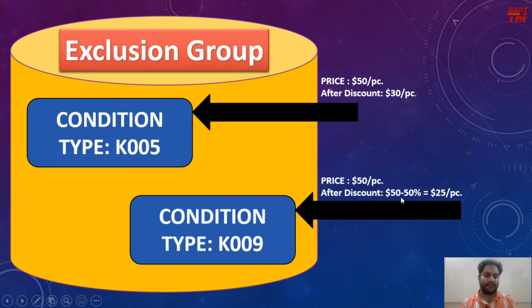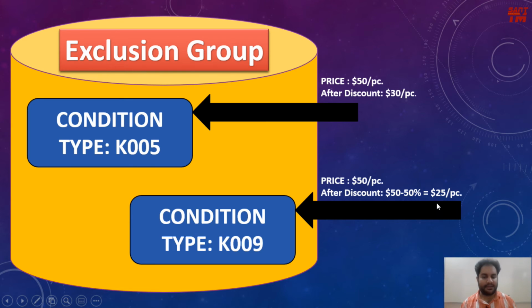That is $50 minus 50% off, meaning $25 per piece. So as per the formula, condition type K005 is giving the item at $30 per piece, but condition type K009 is giving the same item at $25 per piece. That means this condition type is giving a better price for the customer.